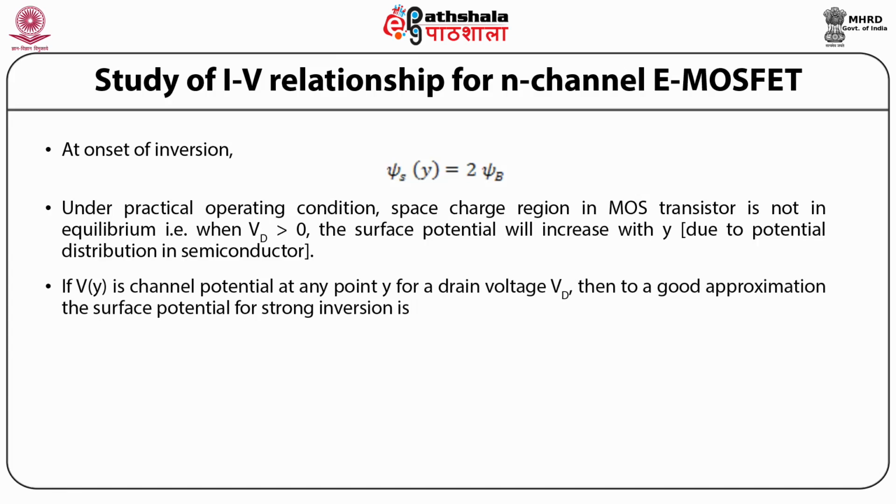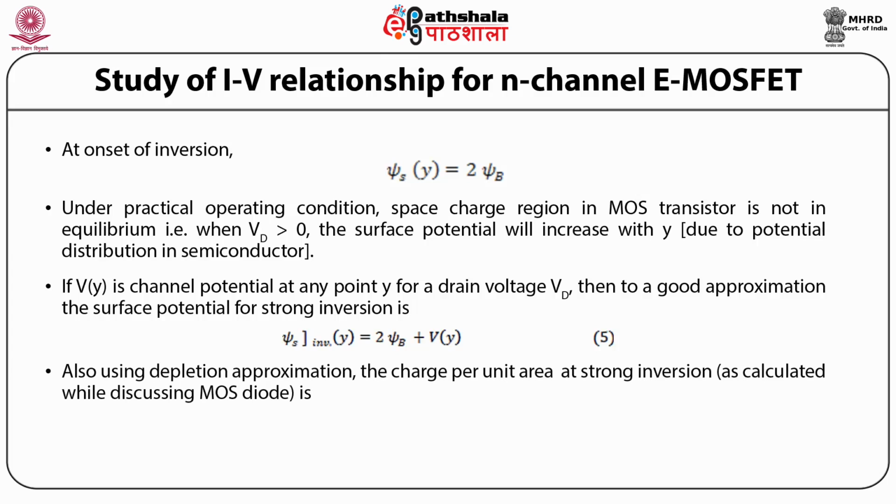So if Vy is the channel potential at any point y for a drain voltage Vd, then to a good approximation, the surface potential for strong inversion is psi s inversion(y) equals twice psi b plus Vy.